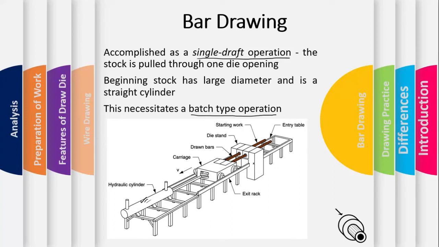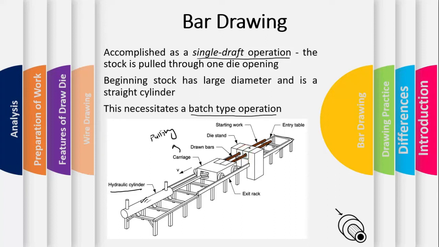So if you see this bar drawing table, we have the entry table, this one. We have a carriage that is pulling the stock. Behind this carriage we have a hydraulic system that is powering this carriage. We have the drawbars, our work material. We have the die stand which contains the dies, and this is the die.